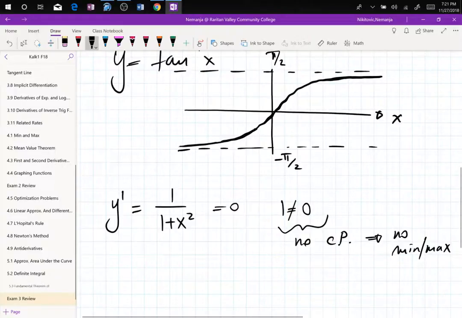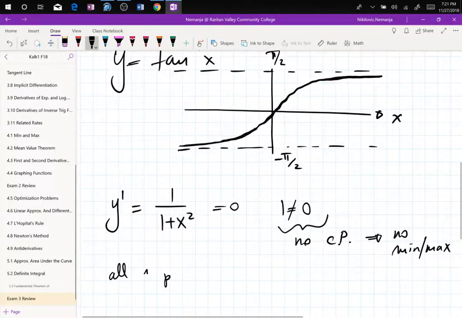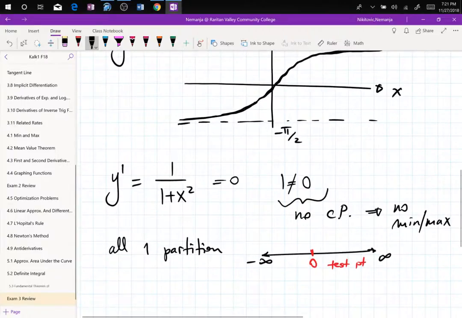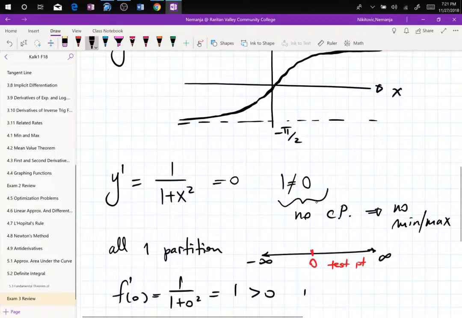So all one partition from negative infinity to positive infinity. And then you pick 0 as a test point because it's cheap. And when you plug that in, f prime of 0, 1 over 1 plus 0 squared is 1, bigger than 0, increase.